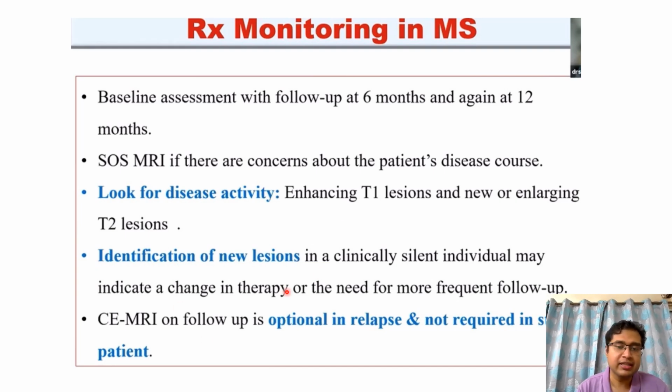Identification of new lesions in the clinically silent individual may indicate a change in the therapy or the need for more frequent follow-up, and a contrast enhanced MRI on follow-up is optional in relapse and not required in stable patients. So these are very important points to be looked for during monitoring a patient of MS on treatment.